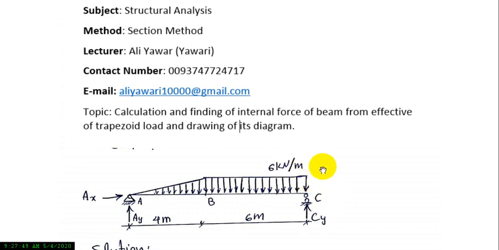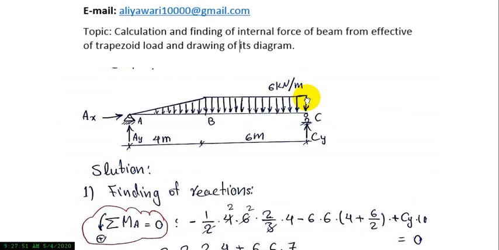I want to take a moment at an optional point, but it is better to take the moment at a specific point through which most of the unknown reactions cross. So in this example, A is the best point to take the moment.